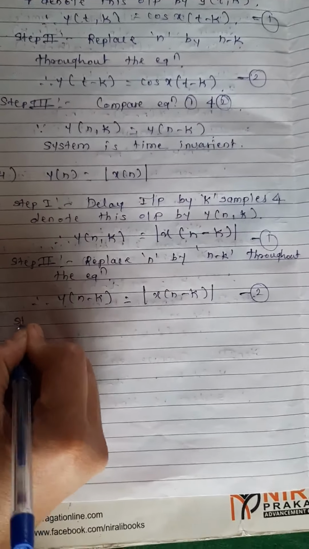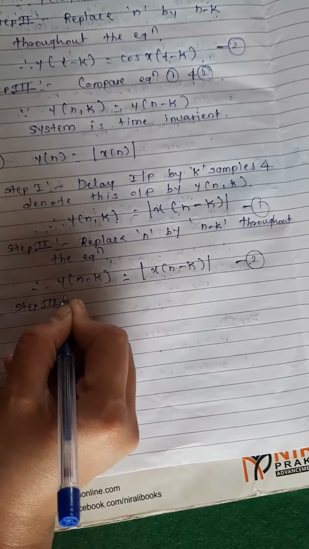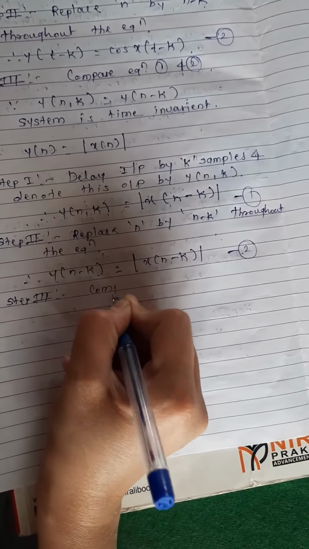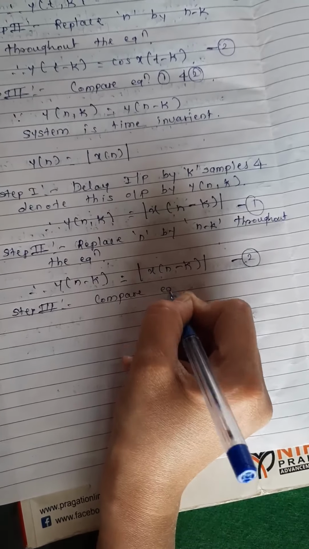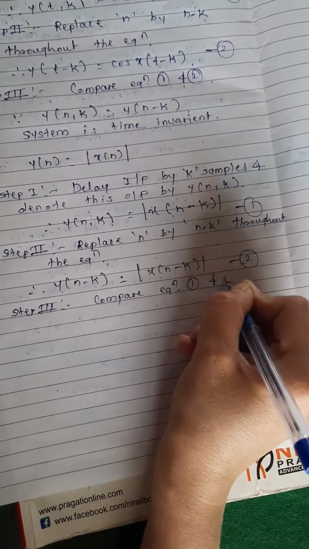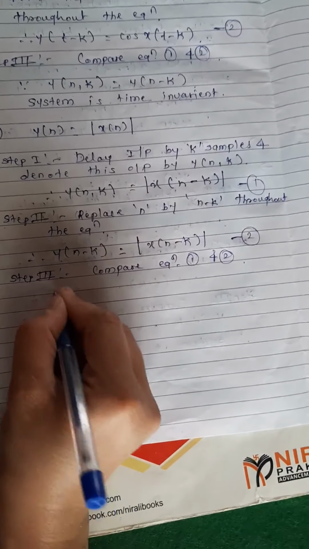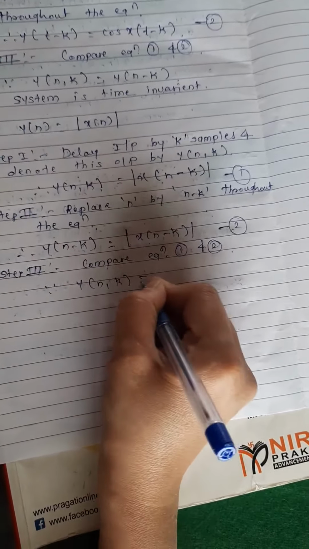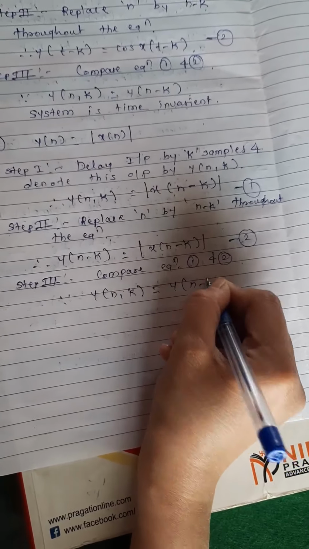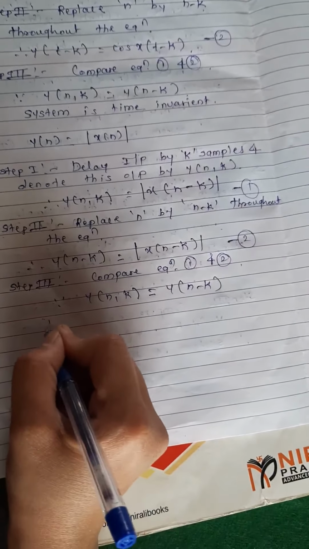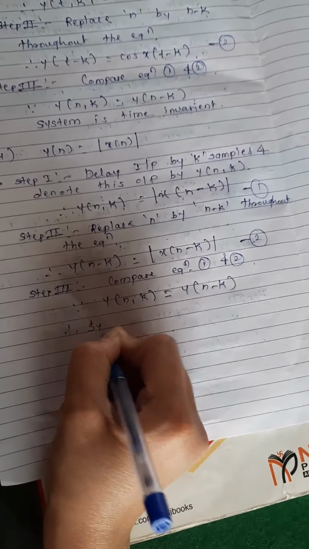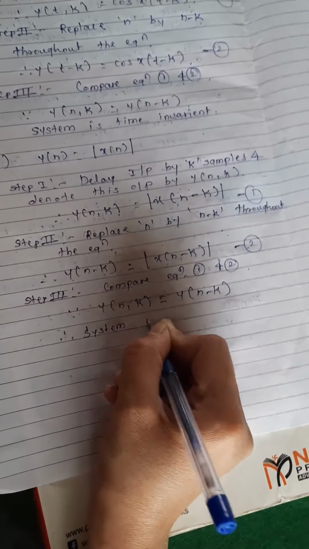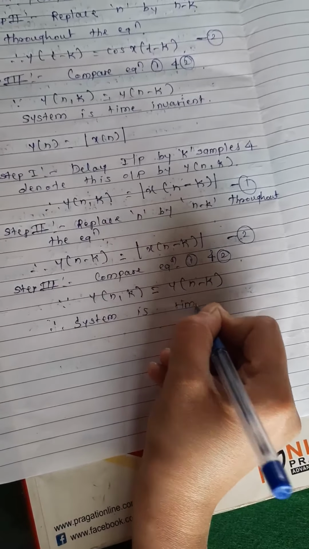Next is step 3. Compare equation 1 and 2. Since y of n comma k is equal to y of n minus k, thus the system is time invariant.